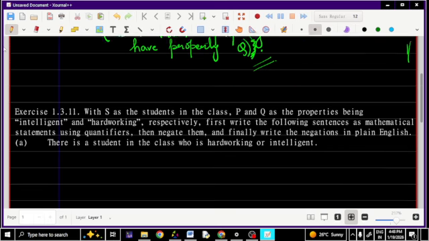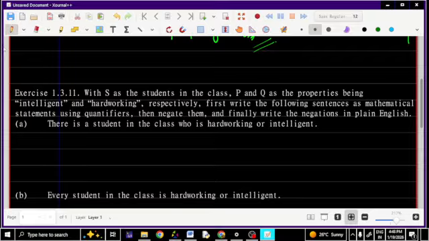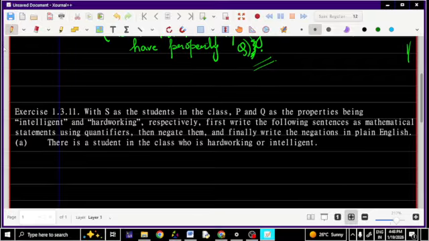Now moving on to exercise 1.3.11. With S as the students in the class, P and Q as the properties being intelligent and being hardworking respectively. First, write the following sentences as mathematical statements using quantifiers, then negate them, and then finally write the negation in plain English.